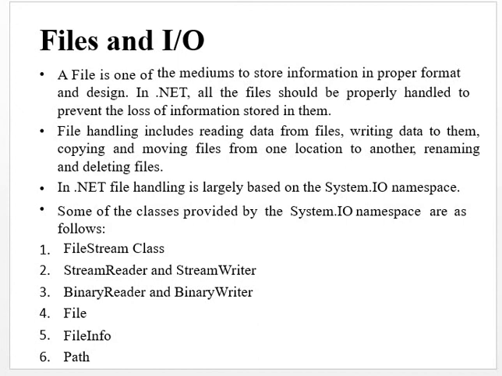The main namespace when we are using files is the System.IO namespace. Here are some of the classes provided by the System.IO namespace: first FileStream class, second StreamReader and StreamWriter class, BinaryReader and BinaryWriter class, File class, FileInfo class, and last is the Path class, which we are now going to discuss one by one.